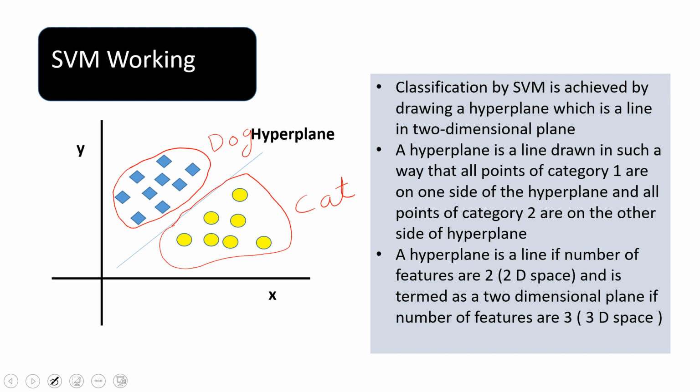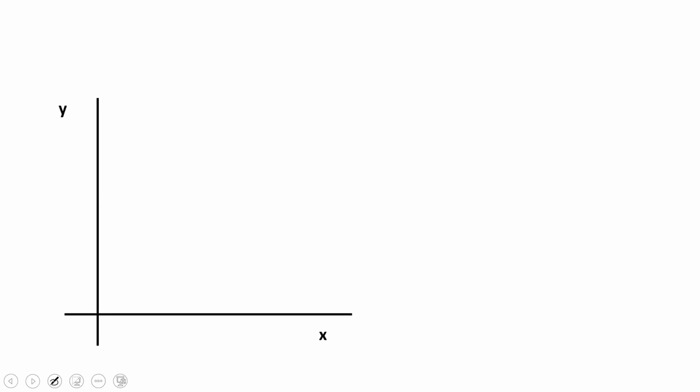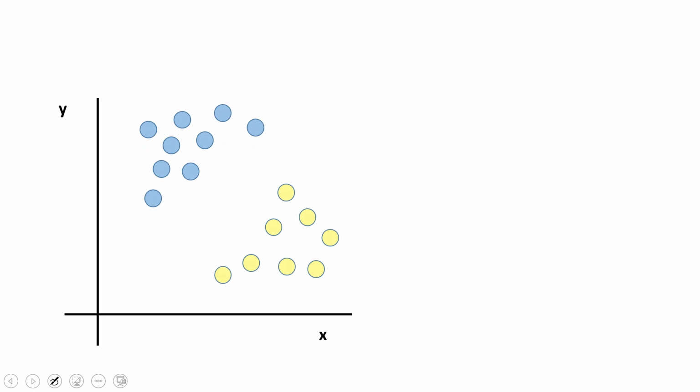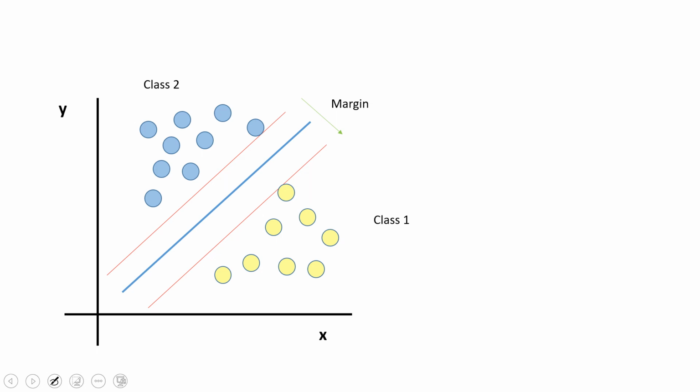Now, moving further, taking another example, let's take a deeper look at the SVM mechanism. We have class 1 over here, and class 2 over here. Now it is going to draw the hyperplane. This particular line is a hyperplane, all right? And alongside the hyperplane we have a margin.